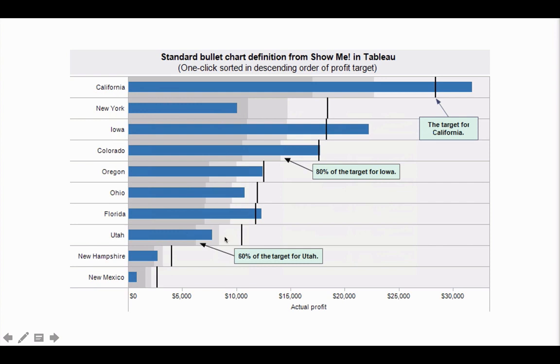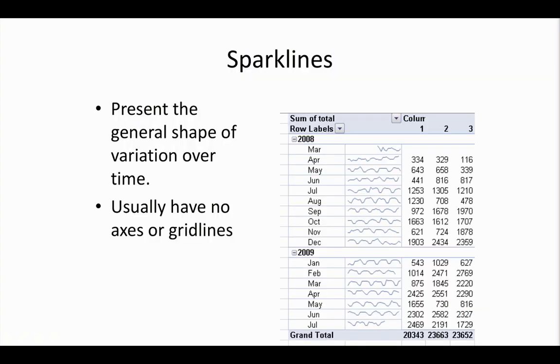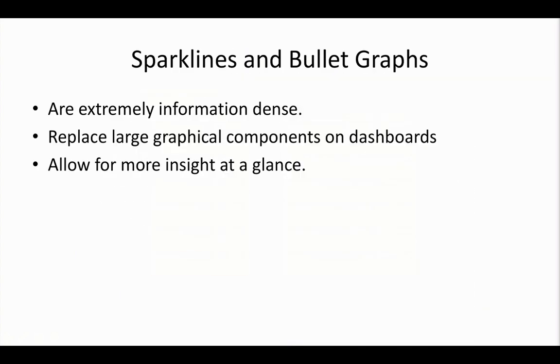And think about if you were going to show this exact same information on a bunch of dials. It would take up a ton more space, and the dials would be impossible to interpret because they would all be pointing different directions because their scales are all different. All right. So they allow for more insight at a glance, and they replace large graphical components on dashboards.